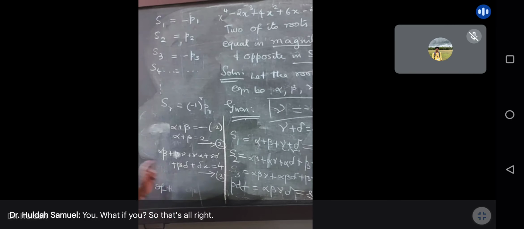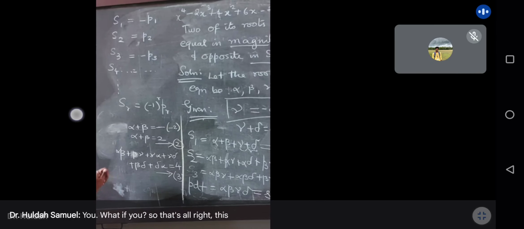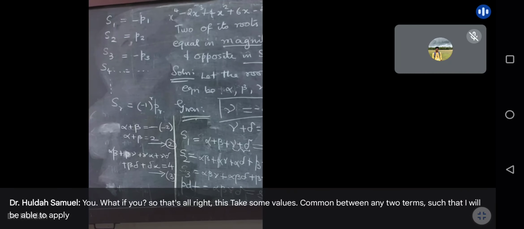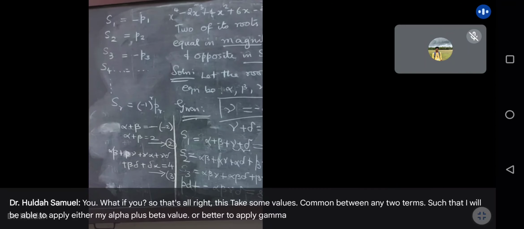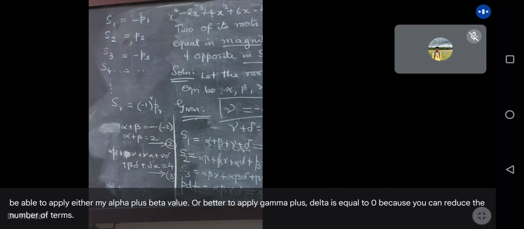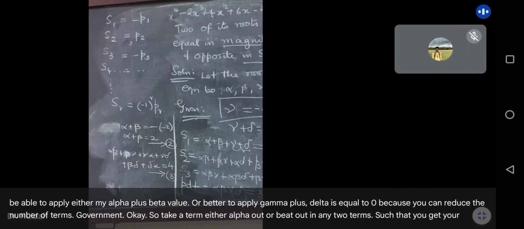Alright? In this, can I take some values common between any two terms such that I will be able to apply either my alpha plus beta value, or better to apply gamma plus delta is equal to 0, because you can reduce the number of terms. Gamma plus delta. Okay. So take a term, either alpha out or beta out in any two terms, such that you get your gamma plus delta as 0.